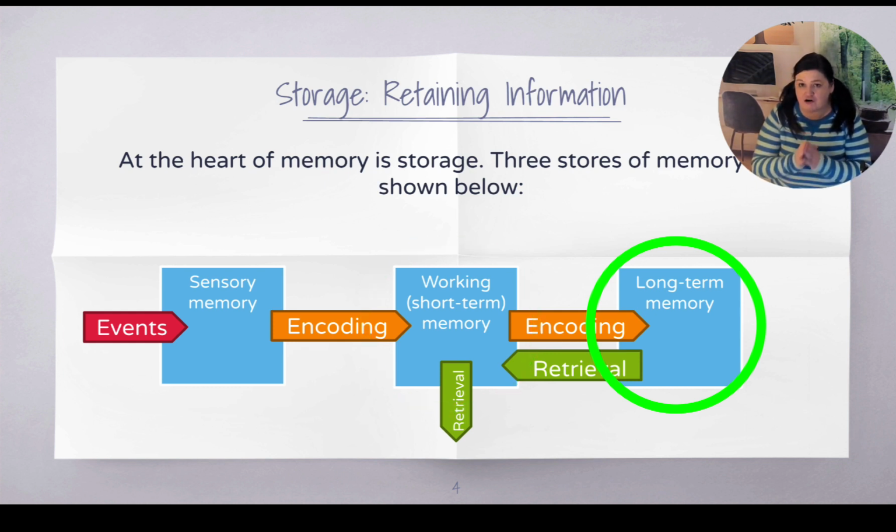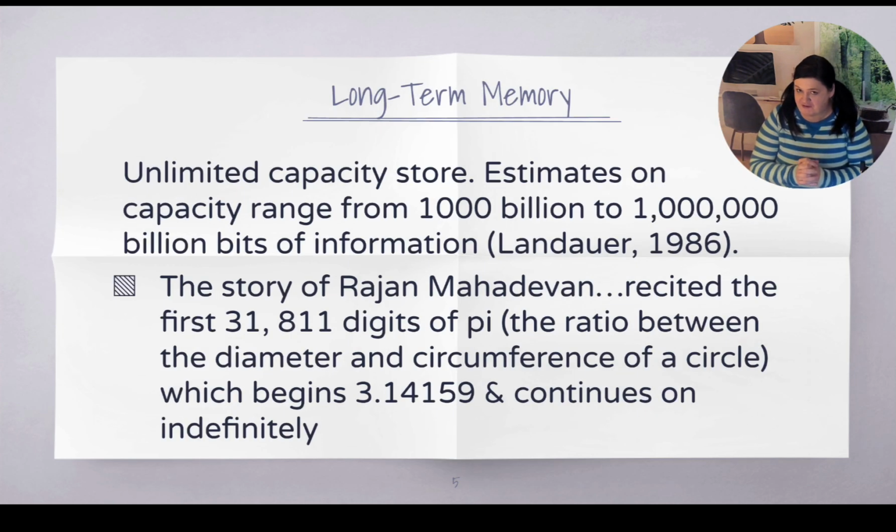So where are these things stored? Where are the long-term memories that we have stored? We know that human beings have an unlimited capacity. It is estimated that we have a range from about 1,000 billion to 1 million billion bits of information in our long-term memory. So basically, we don't have any limits to how much we can store inside our long-term memory.